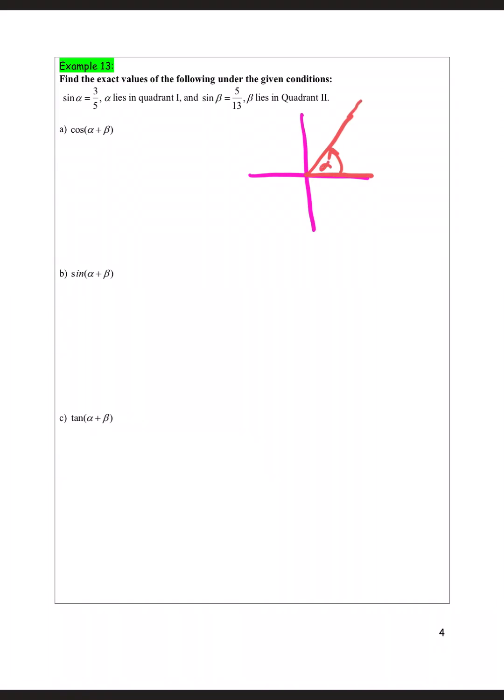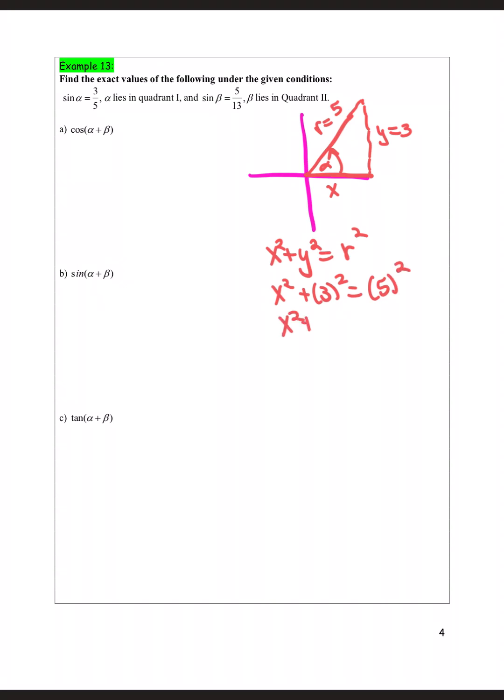My y is 3. My r is 5. I can find x by saying x squared plus y squared equals r squared. So we have x squared plus 3 squared, which is 9, and r squared, which is 25. So x squared plus 9 equals 25.